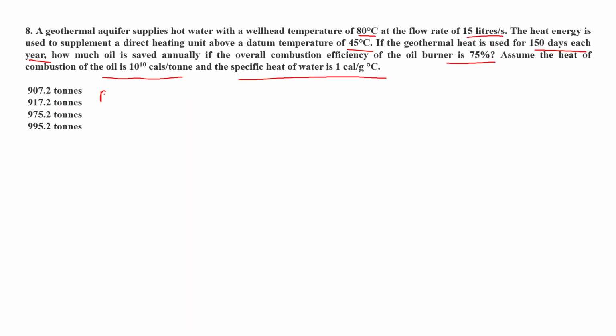So let us first calculate the flow rate, which is given as 15 liters per second. It is given per second, so we have to convert it to the amount of flow rate for 150 working days.